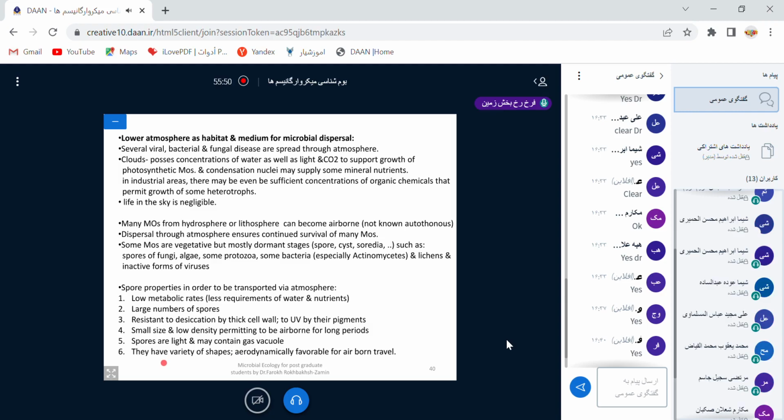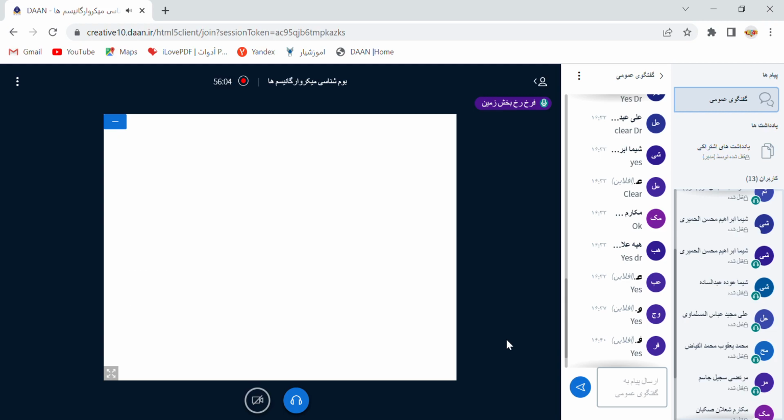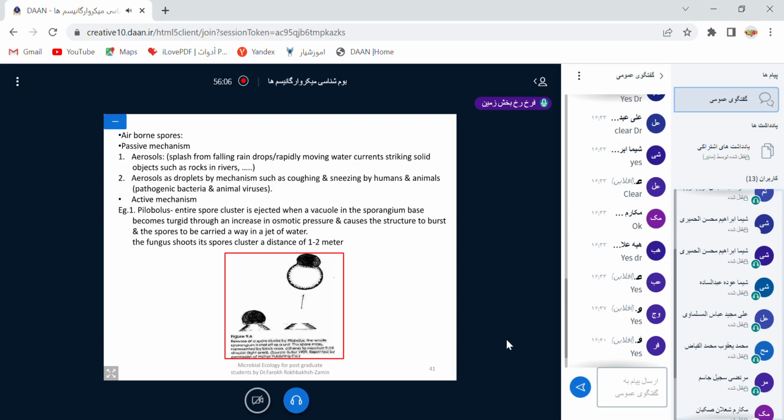They have a variety of shapes, and because of their shapes they are aerodynamically favorable for airborne travel from one place to another.